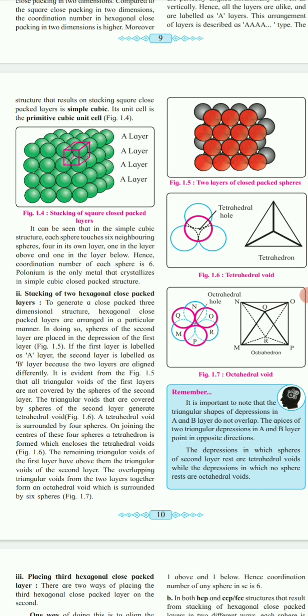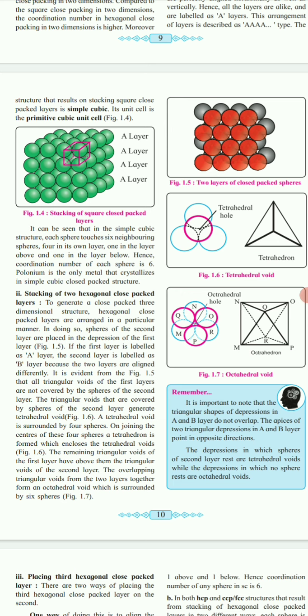It can be seen that in the simple cubic structure, each sphere touches six neighboring spheres, four in its own layer, one in the layer above and one in the layer below. Hence, the coordination number of each sphere is 6. Polonium is the only metal that crystallizes in simple cubic close packed structure.